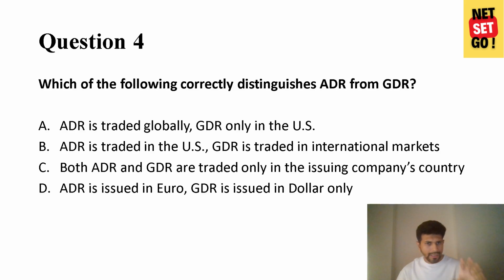No. And option D, ADR is issued in euro? No. ADR is issued in US dollar, and GDR is issued in any currency in which the stock exchange is located. So option 2 is the correct answer. The major distinction between ADR and GDR is that ADR is traded in the USA and GDR is traded in the international market.